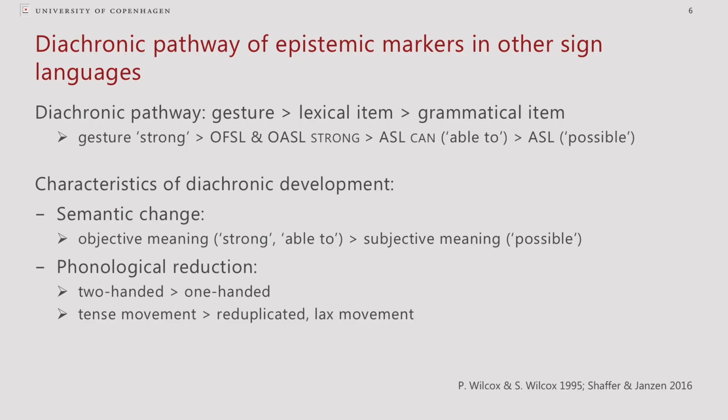It's subjective because it expresses the speaker's view of things. And this semantic change may go hand in hand with a phonological reduction, where two-handed signs become one-handed and tense movements become reduplicated or lax movements.